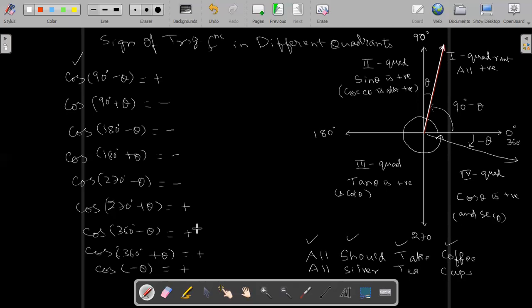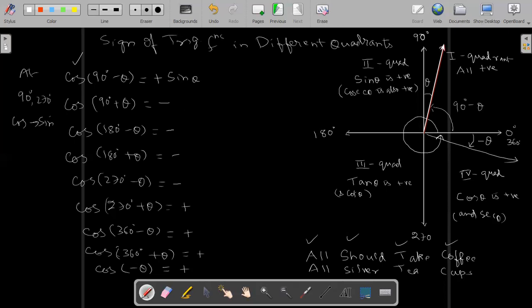So first of all, we should remember the sign. Then two things you have to remember: the ratios change at 90 degree and 270 degree. At 90 degree and 270 degree, cos will change to sine, and at all other angles it will remain cos. So cos 90 minus theta becomes sine theta.